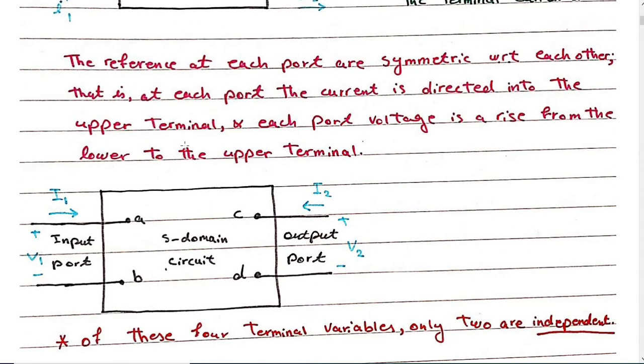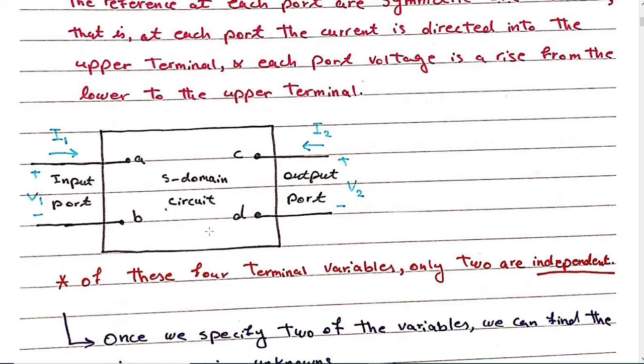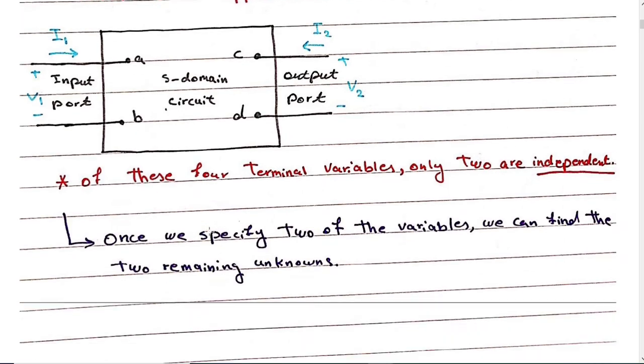If we convert it to the S domain, we get this circuit in the S domain. So we have 4 terminal variables, and only 2 are independent. I will explain it further later. Once we specify 2 of the variables, we can find the 2 remaining unknown variables.